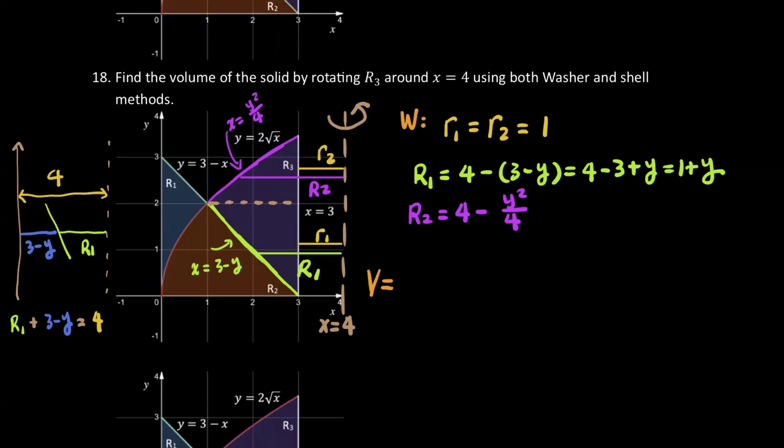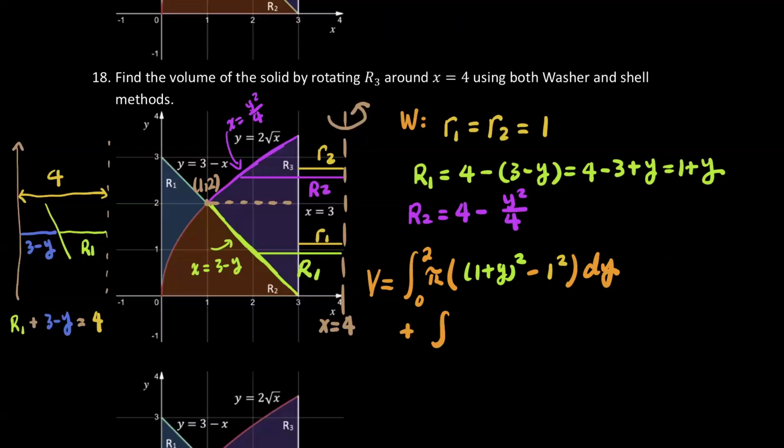To find the volume, the bottom portion goes from 0 to 2, pi big R squared minus the little r squared, plus the second goes from 2 to 2 root 3, pi times big R squared minus the little r squared.